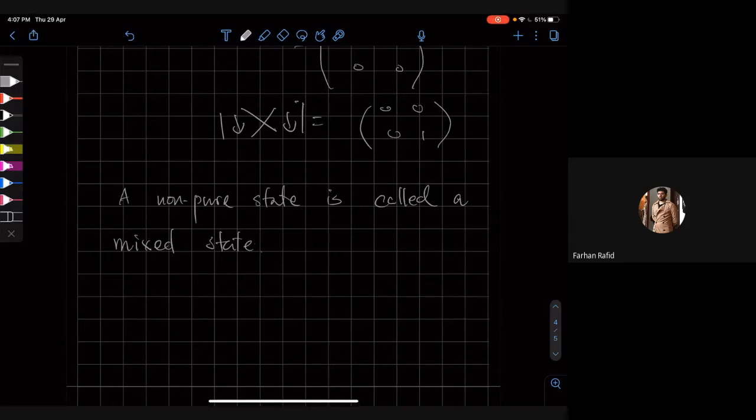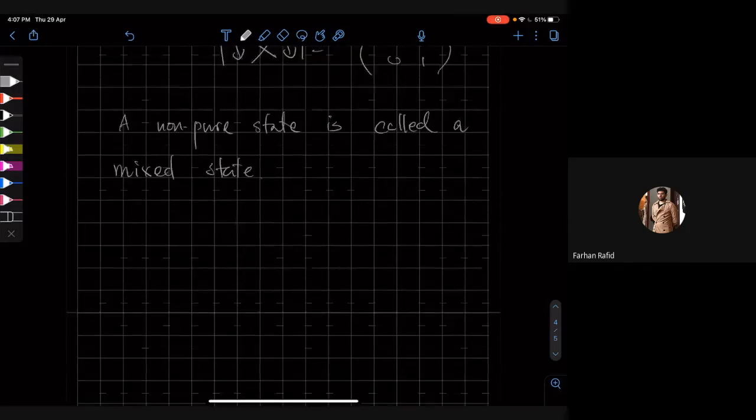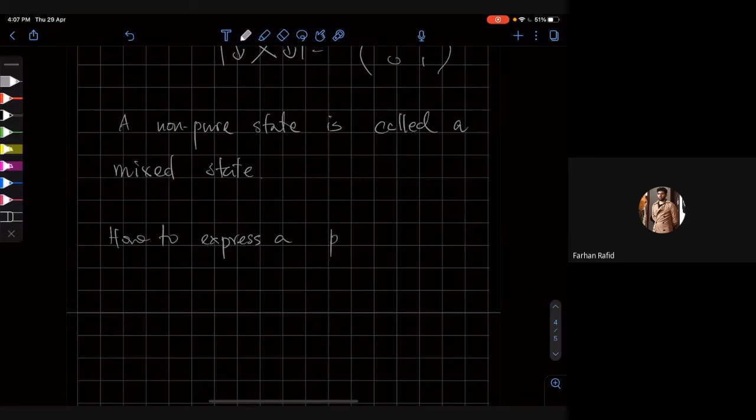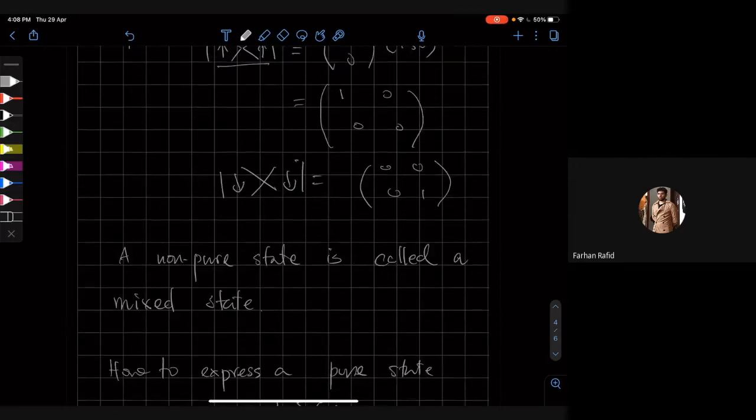So let's look at some examples. First, how to express a pure state as a density matrix. Well, the probability that the state is going to occur is 1. So for a pure state, there is no sum. There's only one term in the density matrix. So, for example, this is a pure state. This is a pure state.